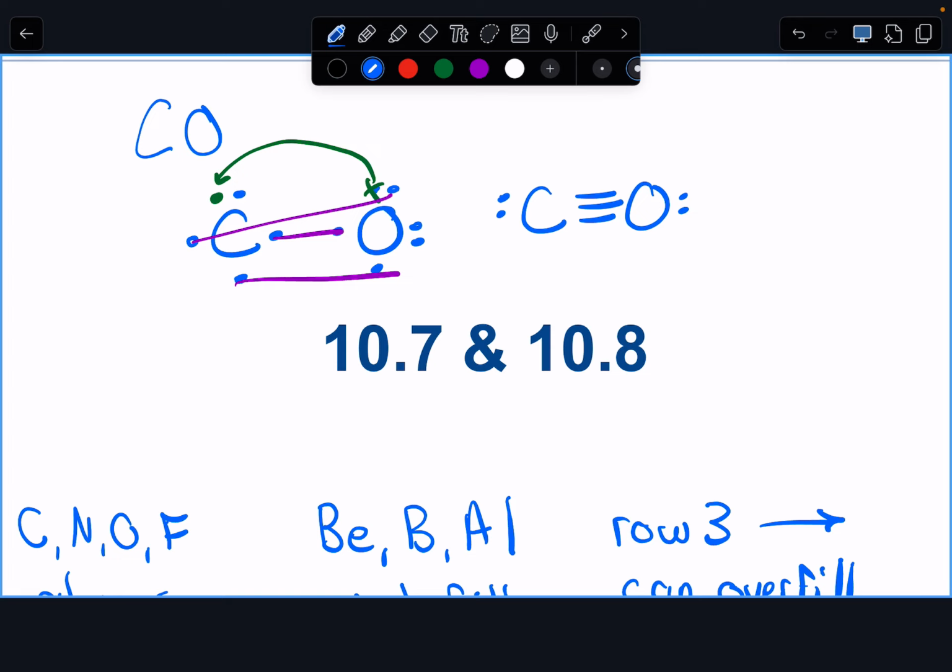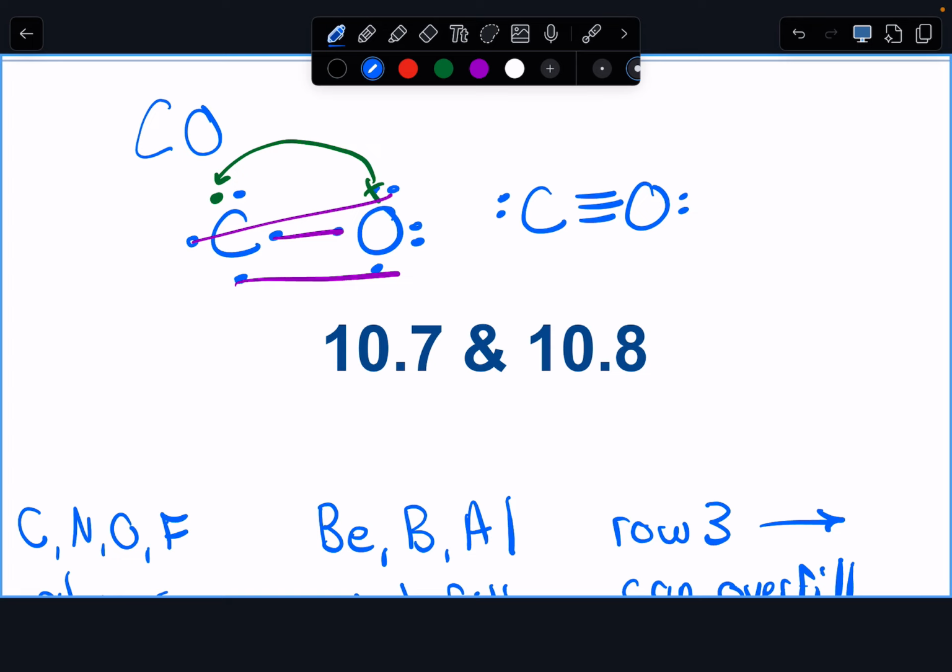but for the purposes of keeping track of the fact that the sharing is weird, we're going to use charges in the same way that we used them for ionic bonds. So it looks like we had to move an electron to oxygen. So when we remove an electron from something, we say it has a positive charge, right? Like if sodium lost an electron, we give it a positive charge.